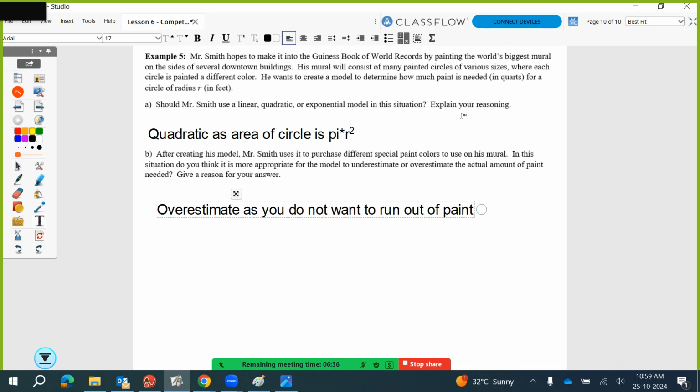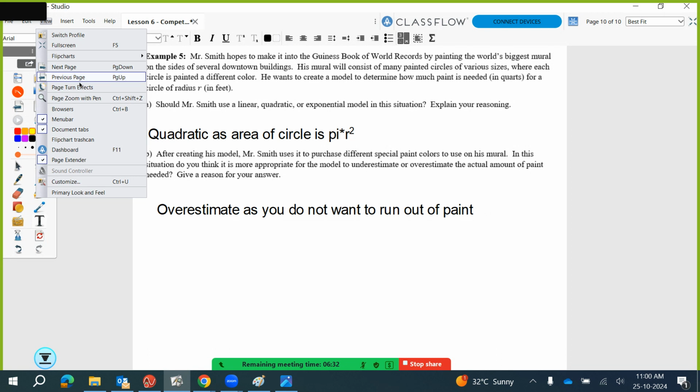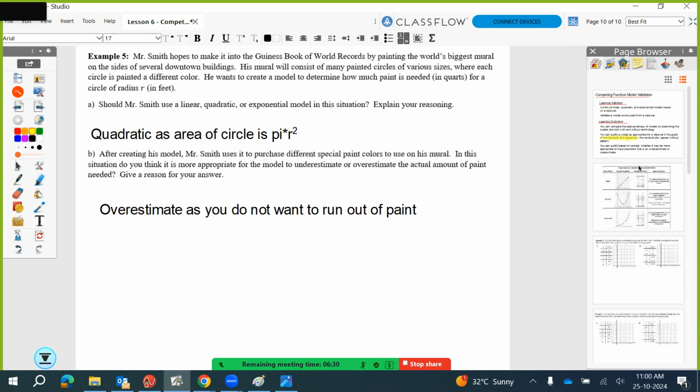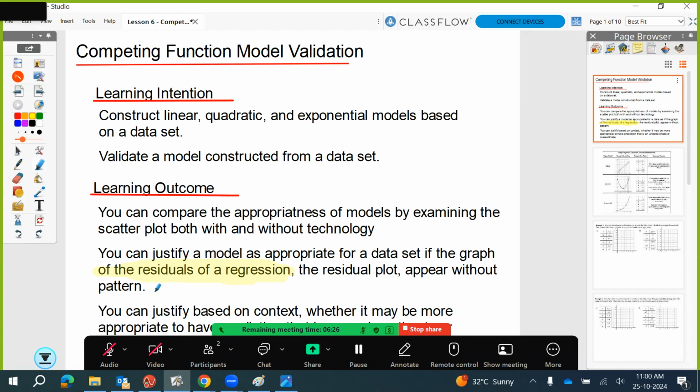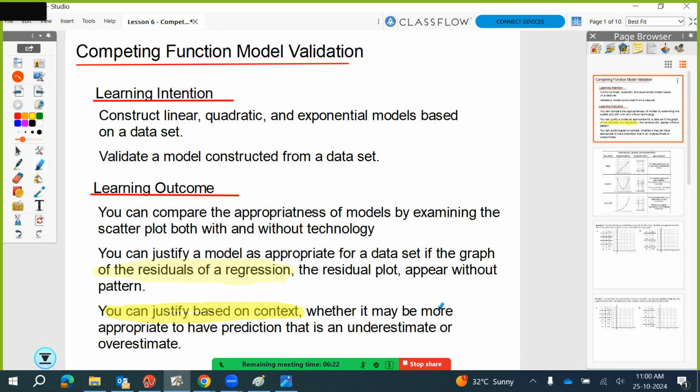So we have questions like this. Let's look at the goals for today. The last goal for today is that you can justify, based on context, whether a model is more appropriate or not, and whether it is better to have a prediction which is an underestimate or an overestimate.